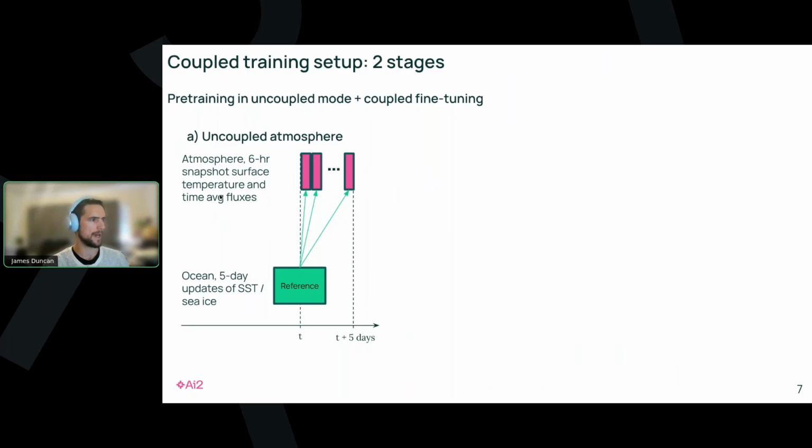So in the case of the atmosphere it is taking 6 hour steps forward in time, and all of these steps are being forced by the 5-day updates of SST and sea ice.